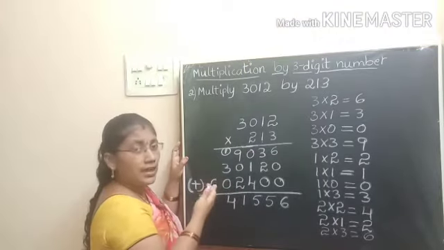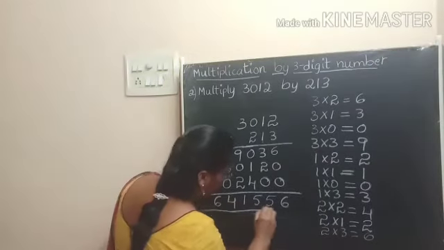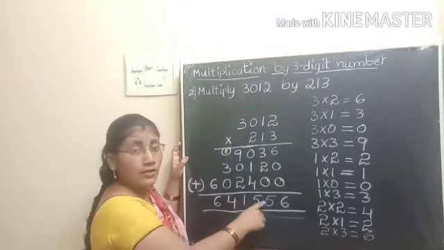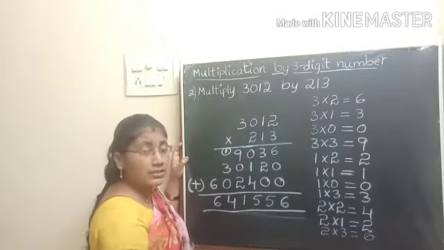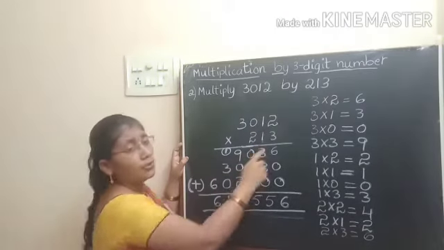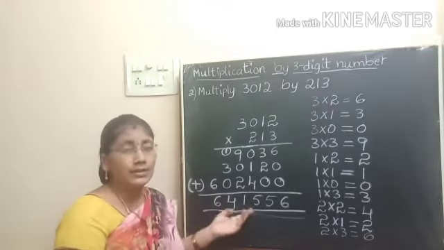No, nothing is there. So simply write 6 here. This is the final result: 6,41,556. This is the product of 3012 and 213. Understood, children? This is the final result.